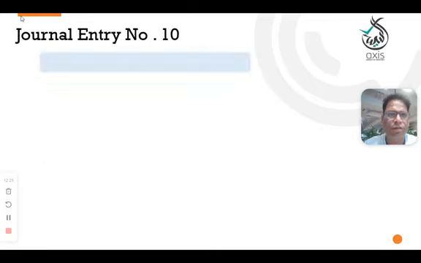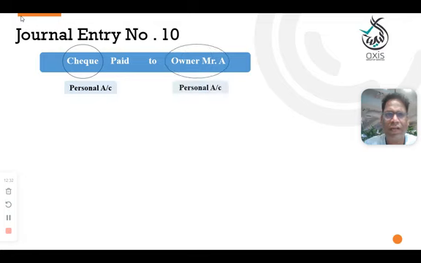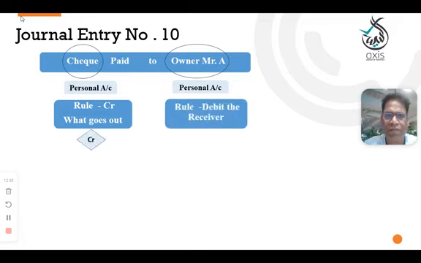Entry number 10 is check paid to Mr. A, owner. Check is a personal account. Mr. A, owner, is a personal account. So as per the rule, for a personal account, bank is the giver, and Mr. A is the receiver. So bank credit, Mr. A's capital account debit.